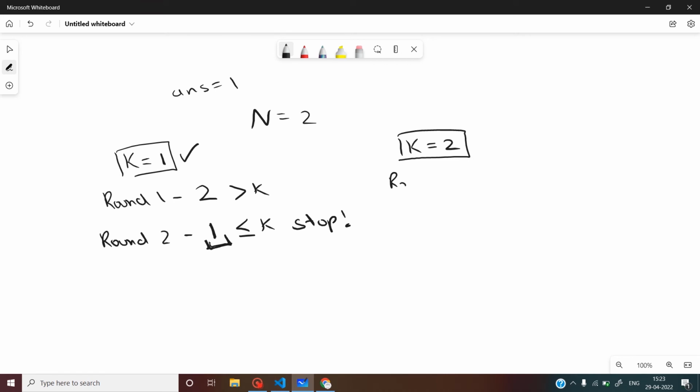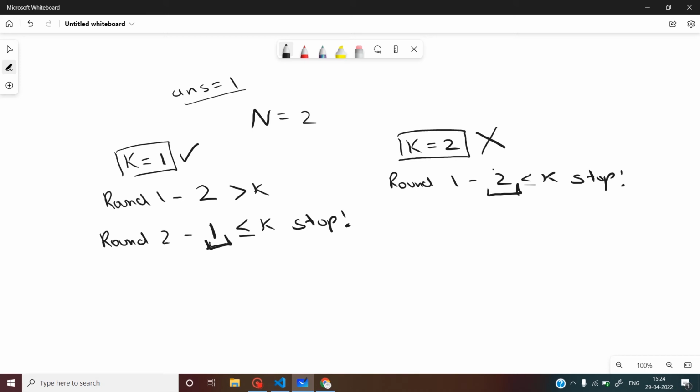Then in round 1 there will be 2 players. This number is smaller than or equal to k, so we will stop here. And then we can see that the number of players left is not equal to 1. So this value of k cannot be included in our answer, and the answer will remain 1.